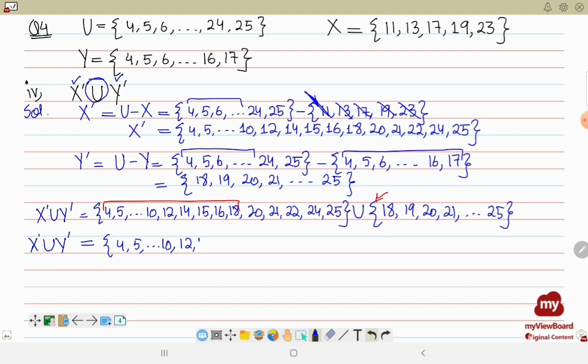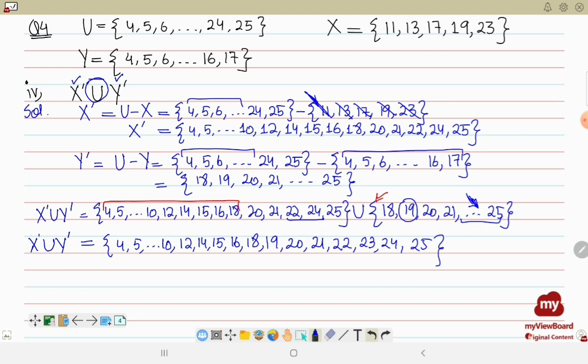Then 12, 14, 15, 16 and 18, ठीक है? अगर आप देखें तो 13 और 17 यहाँ दूसरे सेट में भी नहीं हैं, राइट? अच्छा, अब 18 के बाद जो एलिमेंट आ रहा है, यहाँ पे तो 20 आ रहा है बट यहाँ पे 19 मौजूद है, तो वो आ जाएगा, 20 दोनों में एक दफ़ा लिखा जाएगा, 21, ठीक है जी? देन आपके पास आ जाएगा सो ऑन, सारे एलिमेंट्स आ जाएंगे क्योंकि यहाँ पे आगे सारे एलिमेंट्स मौजूद हैं. हालांकि इधर 23 नहीं है लेकिन यहाँ पे मौजूद है, सो इस वजह से वो यूनियन में आ जाएगा. सो 21, 22, देन यू कैन से 23, 24 एंड 25, राइट?